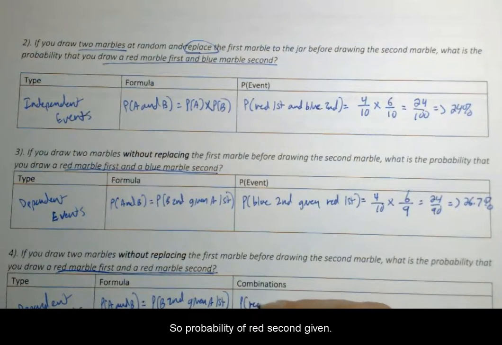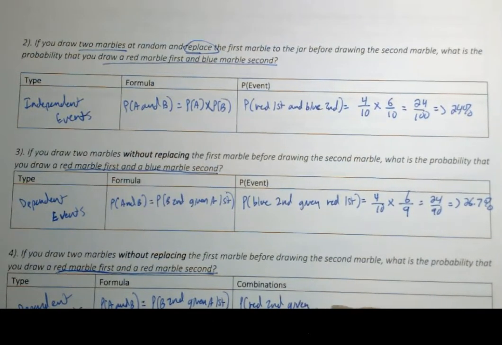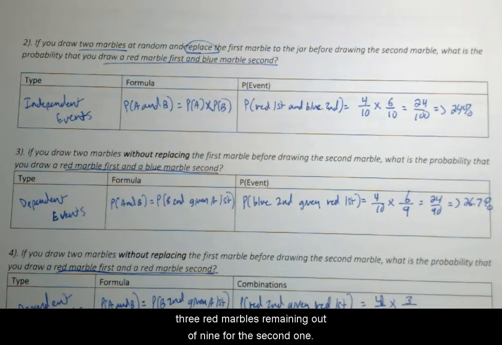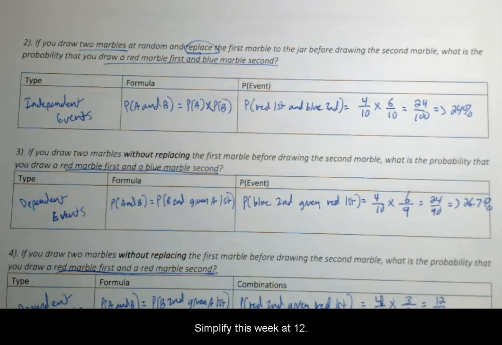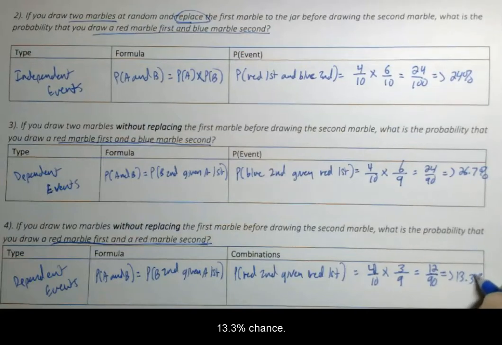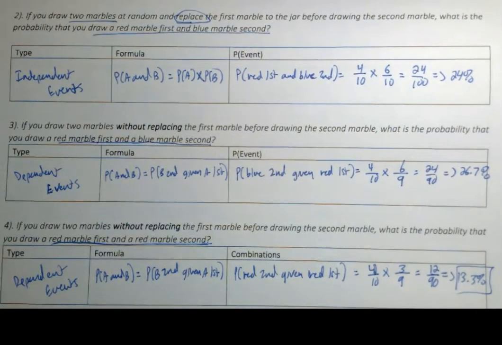So probability of a red second given red first equals 4 red marbles out of 10 for the first marble, and then only 3 red marbles remaining out of 9 for the second marble. Simplify this, we get 12 divided by 90, which becomes a 13.3% chance. Smaller chance because there's only 3 red marbles remaining in the jar if we keep that first red marble.